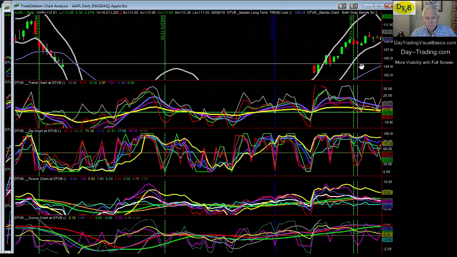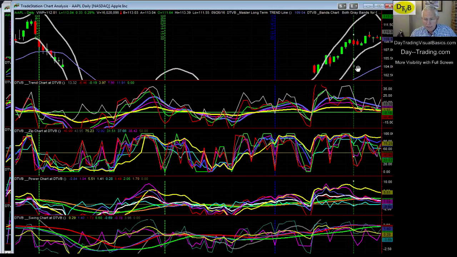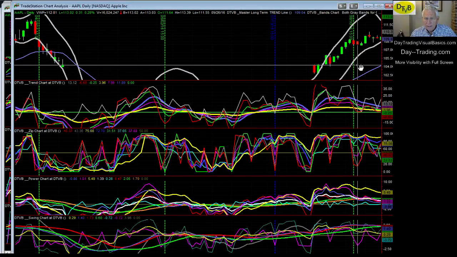However, it is a gap up. And you can see that, on the red spike day, price closed at 108 even, and then it opened at 108.52. So we had a gap up of 52 cents.